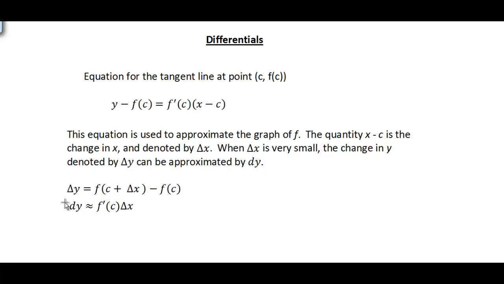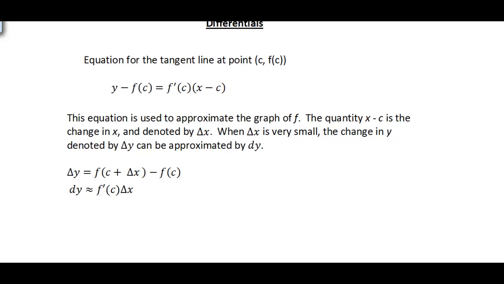So if you look at the formula below, delta y is going to be f of c plus delta x minus f of c. Here we're evaluating c plus delta x and c. Those are your x values, so we're going from one x to the other. If we plug them into the function f, we're subtracting our two y values.